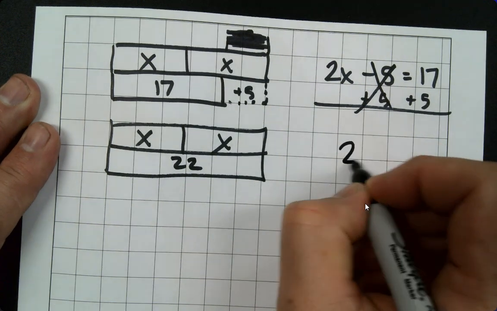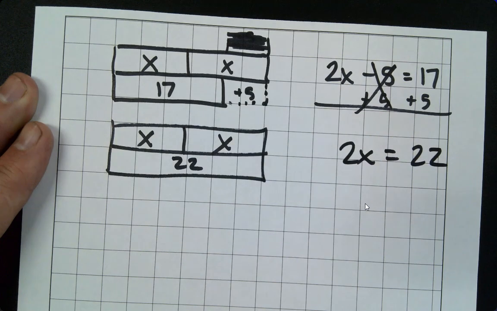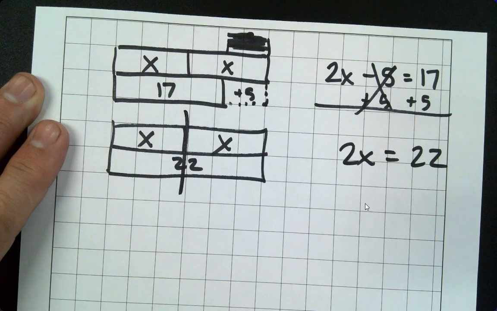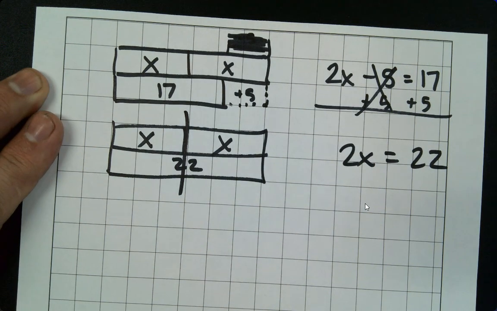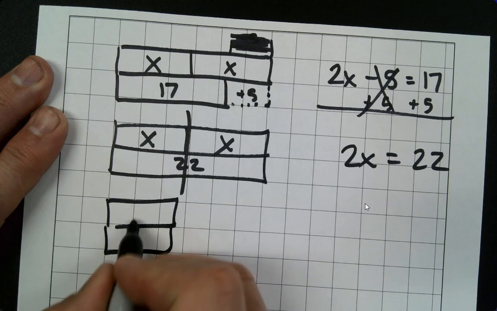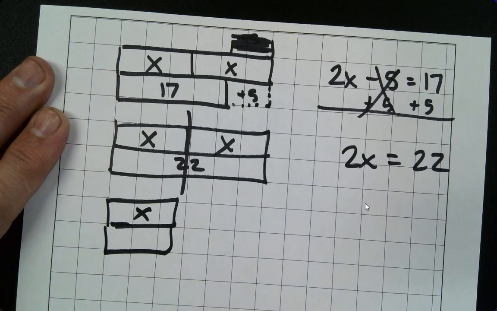And so we're left with 2x equals 22. Now we want to get just 1x. Very good, Jasmine. We want to get just 1x. So how much is just one of those x's going to be?